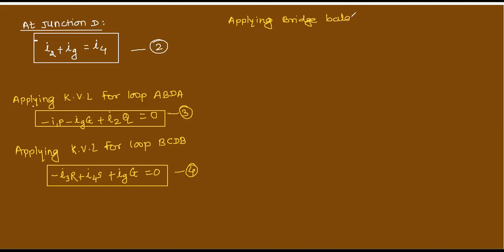What is that bridge balance condition? That is, Ig should be equal to 0. Therefore, equations 1, 2, 3, and 4 become, what we have to do?